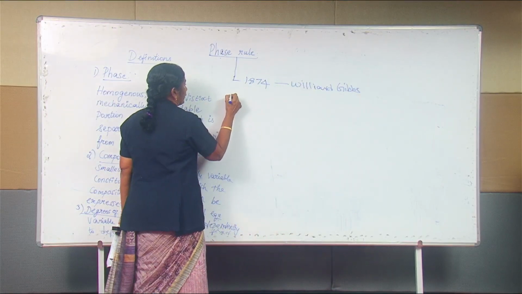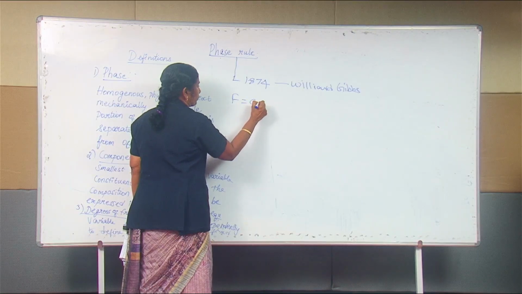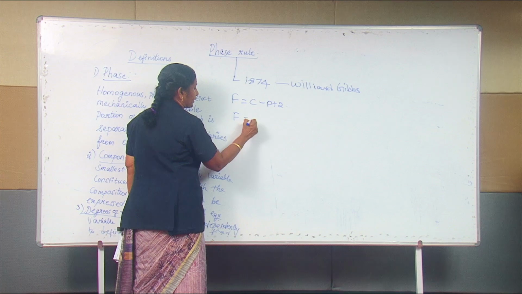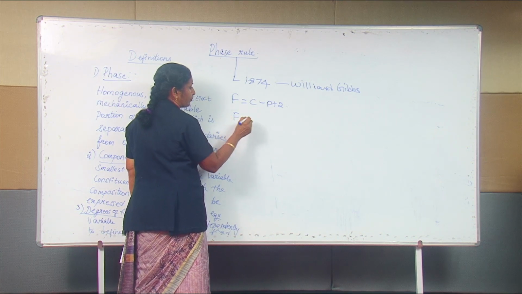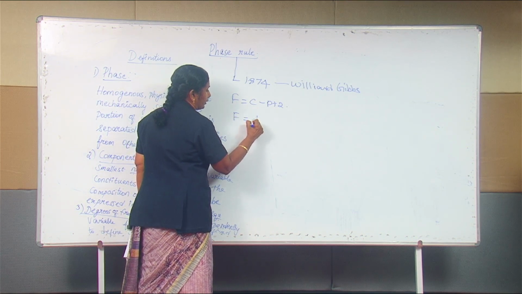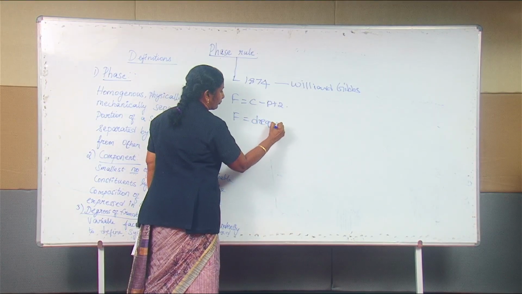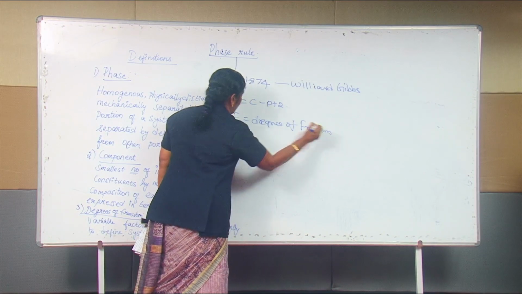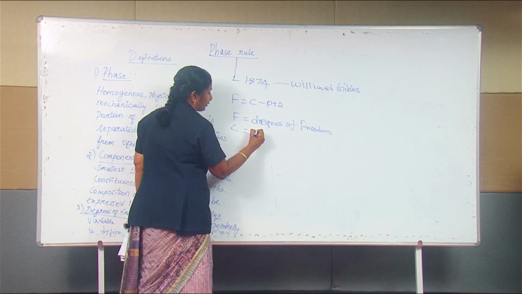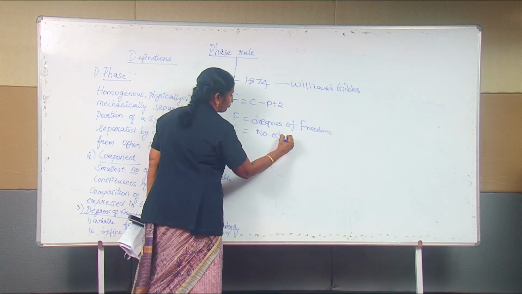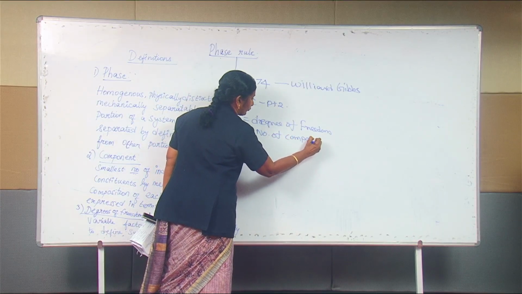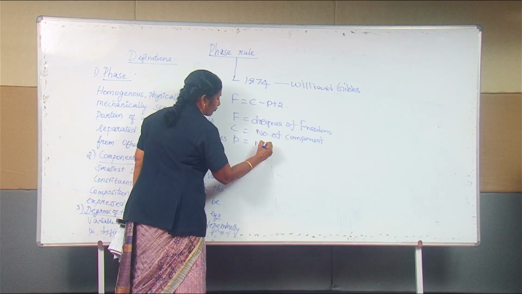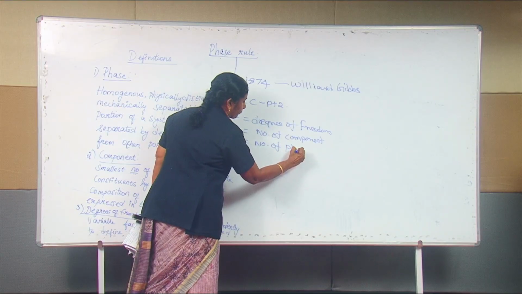This is the phase rule: F is equal to C minus P plus 2, where F is the degree of freedom, denoted as capital F, C is the number of components, and P is the number of phases present in the system.